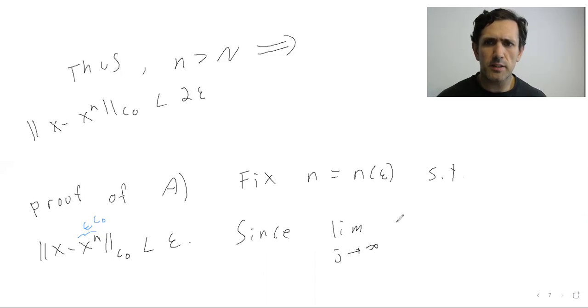Because xn is in C0, we know that this number here equals 0.